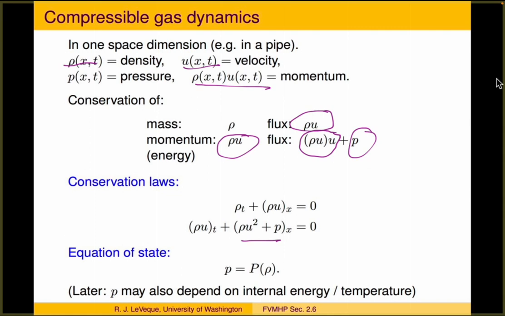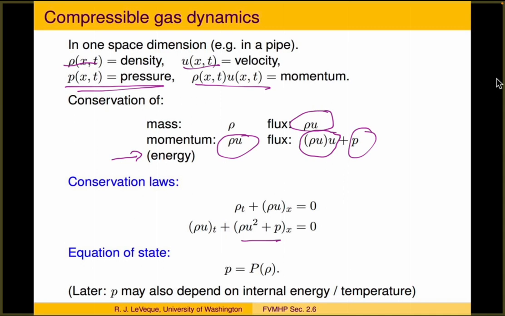Now, we might also have a conservation of energy equation, and we'll look at more complicated cases where we do. But in the simplest case, we might just have, for example, isentropic flow or isothermal flow. You can model the gas dynamics with just these two conservation laws. But we need one more thing, because the pressure here is also a function of x and t. P is the pressure, and these equations by themselves don't tell us how the pressure evolves.